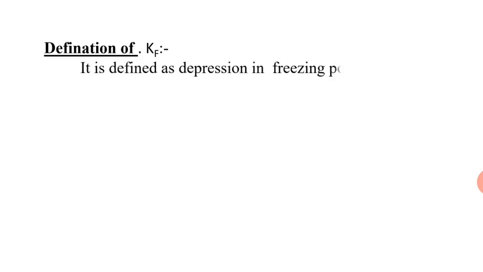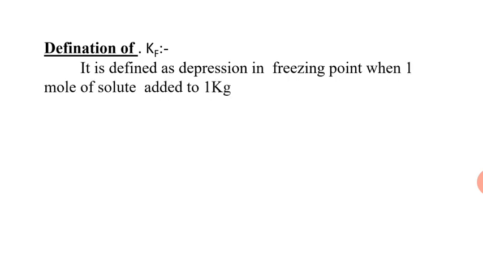Next part is the definition of KF. Now what is KF? It is the cryoscopic constant. It is defined as the depression in freezing point when 1 mole of solute is added to 1 kg of solvent. We know KF is the molar depression constant.